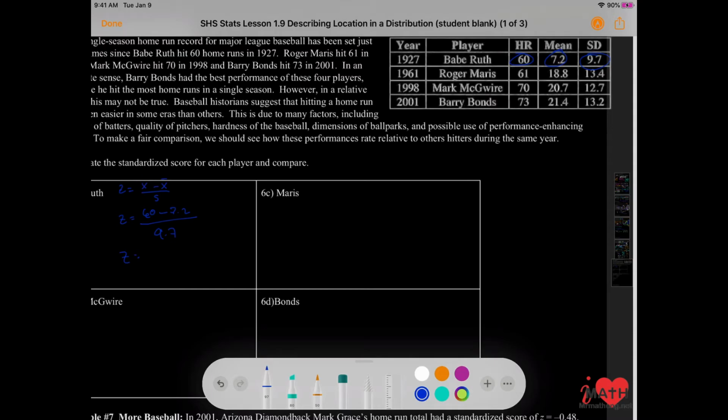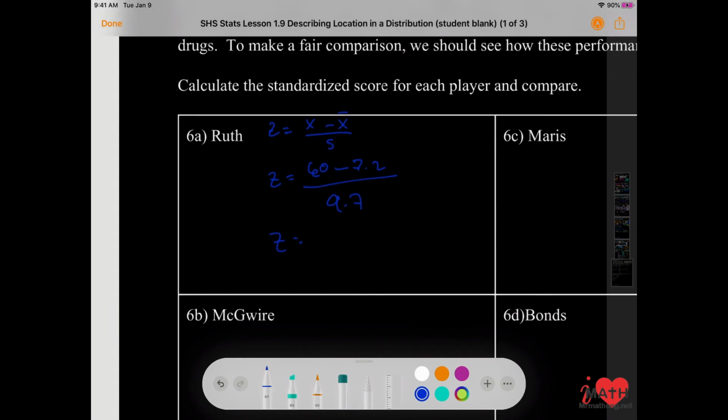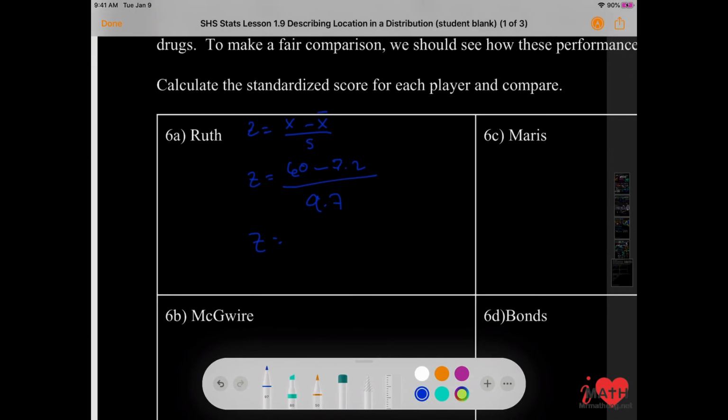So if you put in your calculator 60 minus 7.2, and then you divide that by 9.7, let me calculate that in my calculator right now. And I get Ruth has a z-score of 5.44.